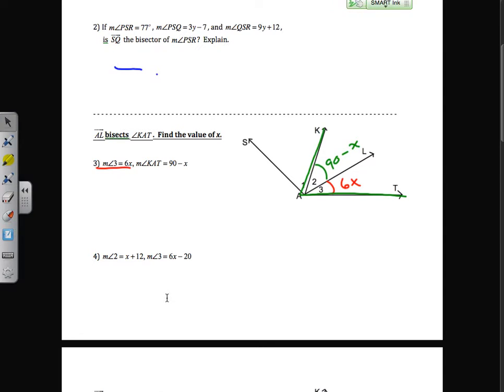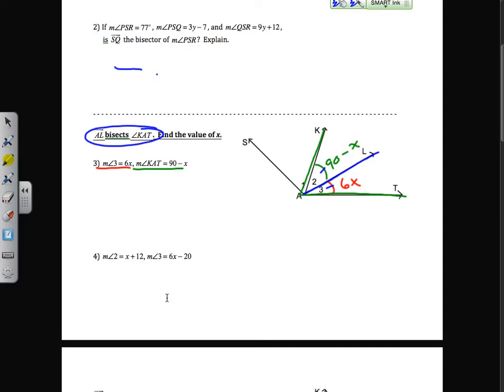Oh, but I didn't read some information up top. AL bisects KAT. So here's AL. Oh, it's a bisector. So that means KAT is split into congruent angles. Wait, did I read that wrong? AL bisects KAT, measure of angle 3 is 6x.